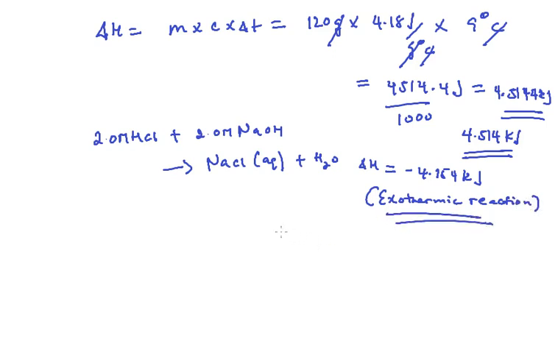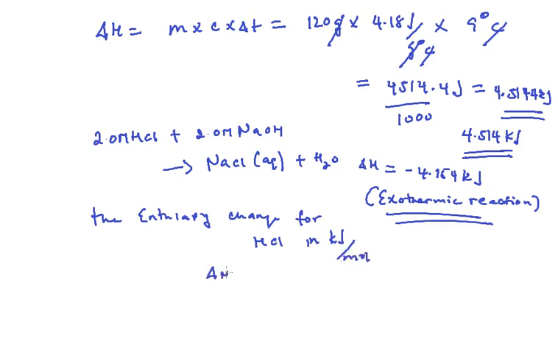Now we haven't completed the whole process here. We wanted to know the enthalpy change for hydrochloric acid, simply for hydrochloric acid, in kilojoules per mole. So how do we do that?